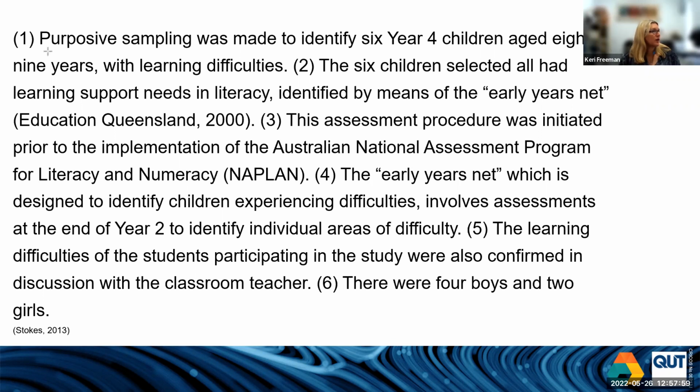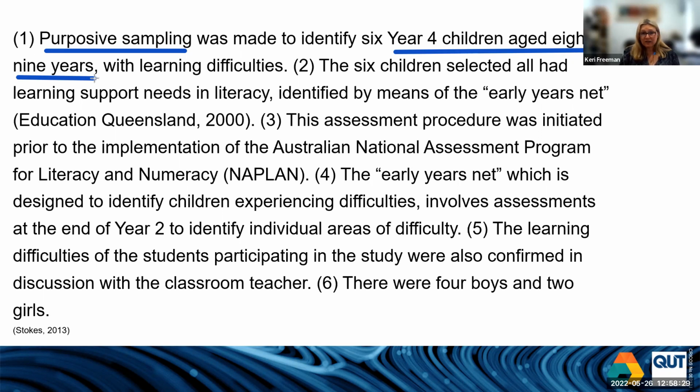Okay, so purposive sampling, anyone know what that is? Yes, high risk, probably. What's high risk about it, by the way? Look at that, 8 to 9 year olds. Anything to do with people under 18, animals, anyone who's not an adult who can make decisions on their own.